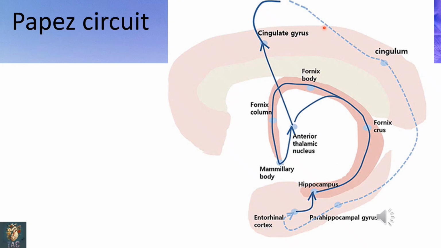So this circuit is related with memory, and it is also very important because it is affected in certain diseases like Korsakoff syndrome and Alzheimer's disease. These diseases can affect this Papez circuit, which is related with memory.